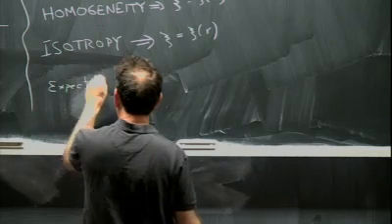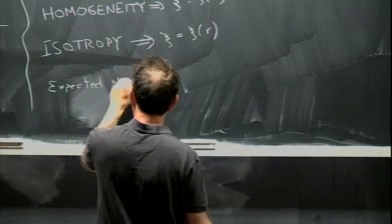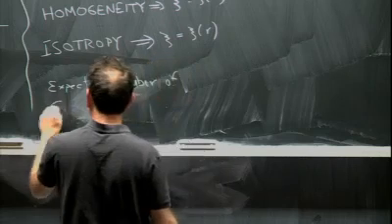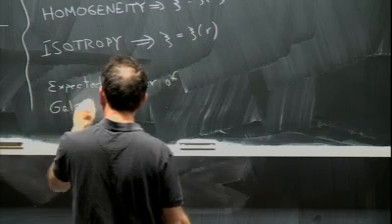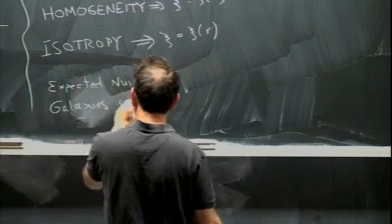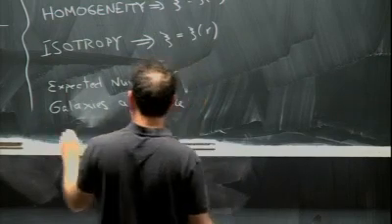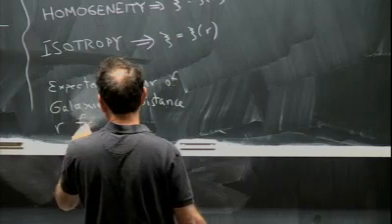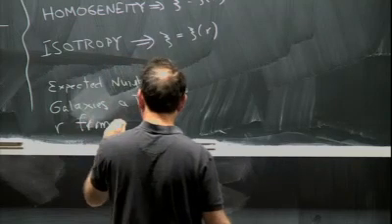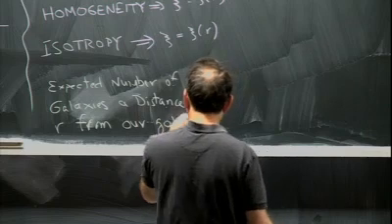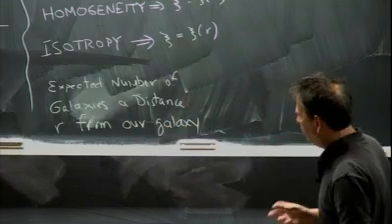So the expected number of galaxies a distance r from, if you're sitting on a galaxy. So say, for example, if we're sitting on our galaxy. So I guess this is a heuristic definition, but it's useful.